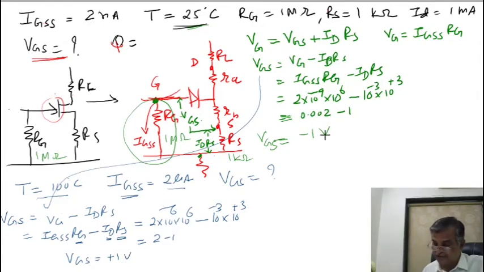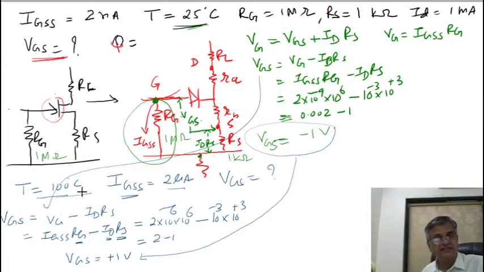Actually, what had you said? Minus 1. And it becomes plus 1 as temperature increases. As temperature increases, the operating point voltage changes from minus 1 to plus 1, so the operating point shifts. As the operating point shifts, the gate becomes forward biased, so a large value of current will flow through the gate.